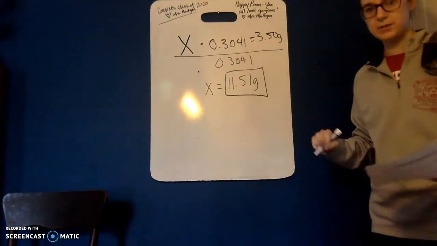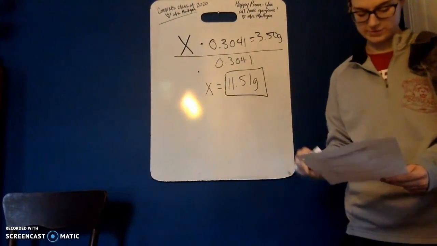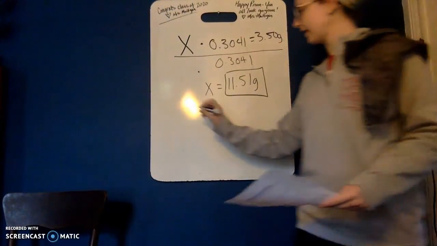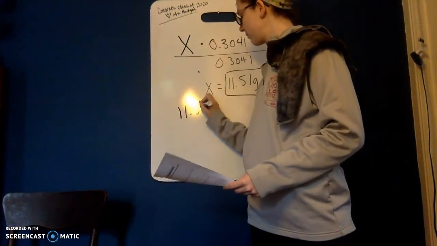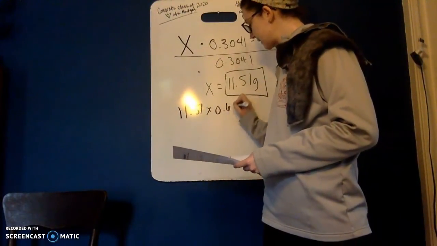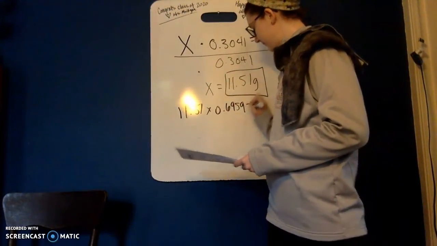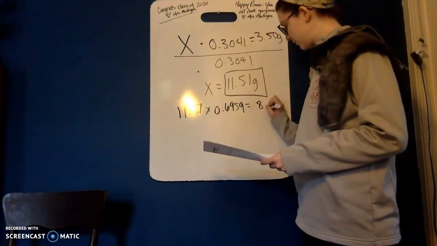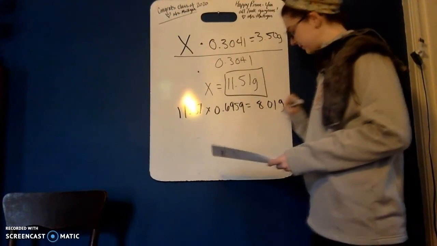Then, to find the mass of sulfur in the sample, there's 2 things I can do. I can take 11.51 times the percent of sulfur, which is 0.6959, and I get 8.01 grams.